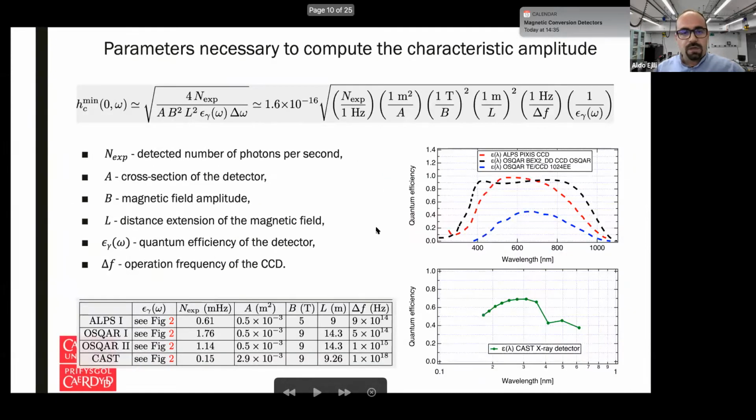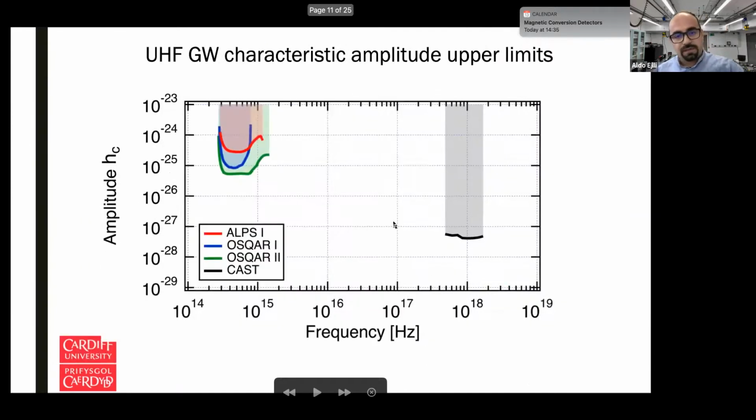So we collected all the data and also the main parameter, which was the dark count of the photodetector, the number of photons that are detected per unit of time. And having the parameters for the detectors like cross section, magnetic field, length, frequency bandwidth, and quantum efficiency, we were able to put the first upper limit.